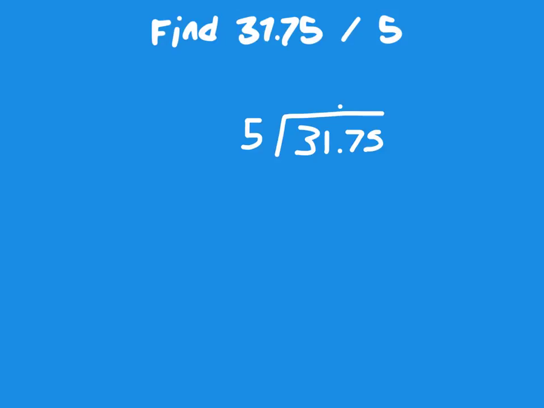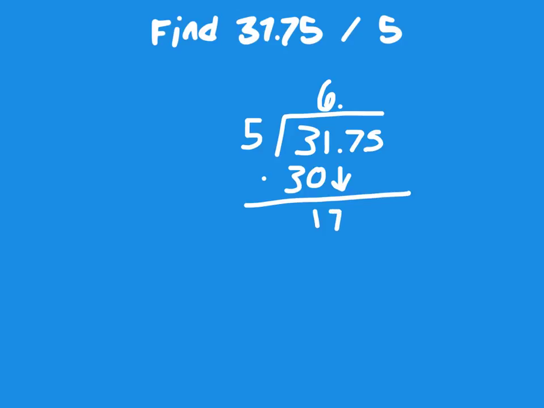There it goes, right there. 5 does not go into 3, so I'm going to look at the next place value and ask myself, how many times does 5 go into 31? 5 goes into 31 6 times, because 6 times 5 is 30. And so now I'm going to subtract. And 31 minus 30 is 1. Bring down the 7.